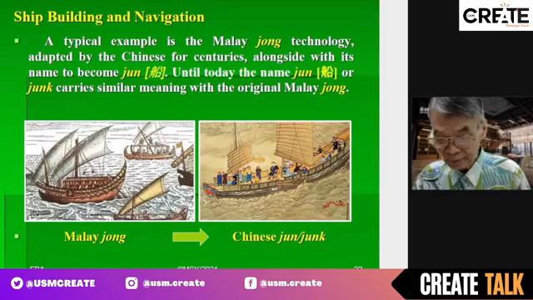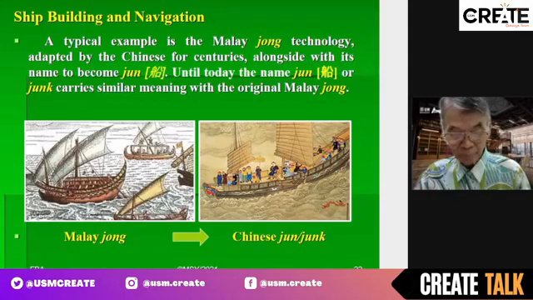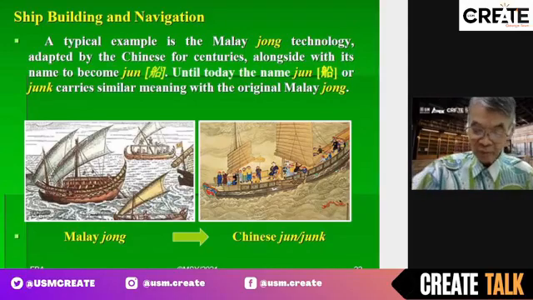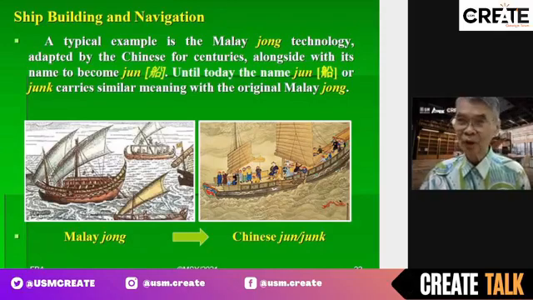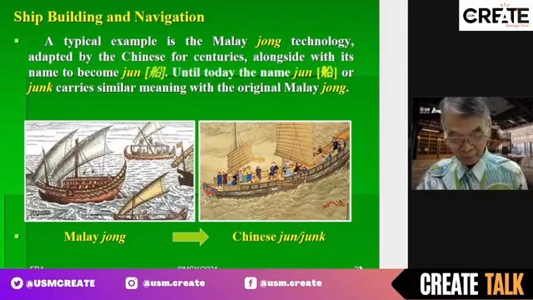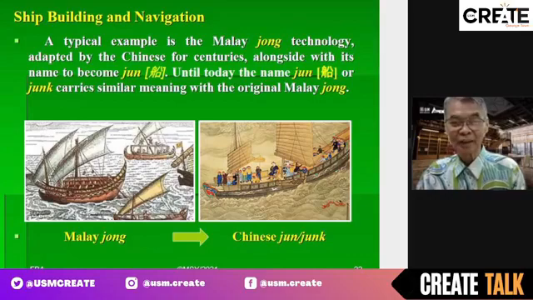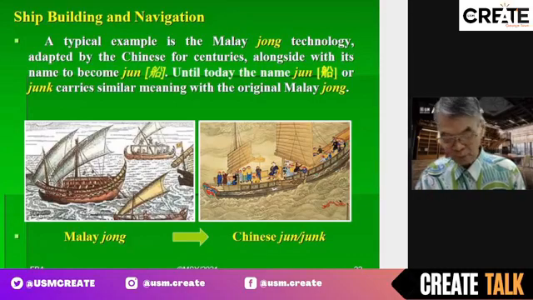Until today, the name Jun or Jang carries similar meanings with the original Malay Jong. And if you go to the internet, you'll come across a lot of pictures like this, telling you about the Malay Jong and the Chinese Jun.